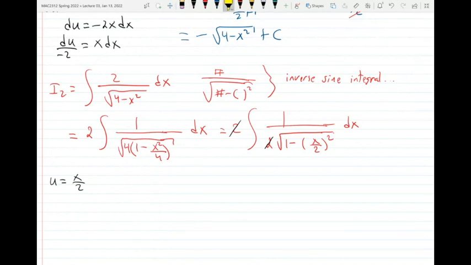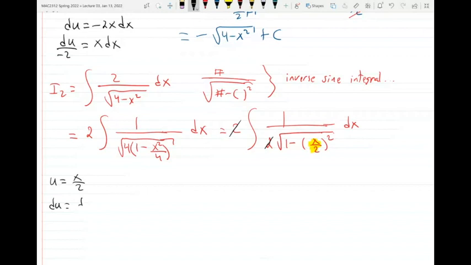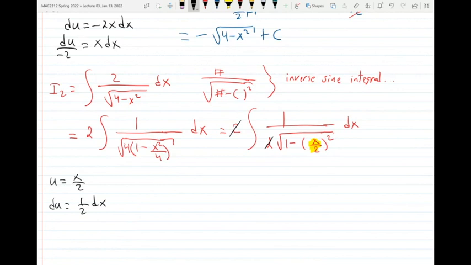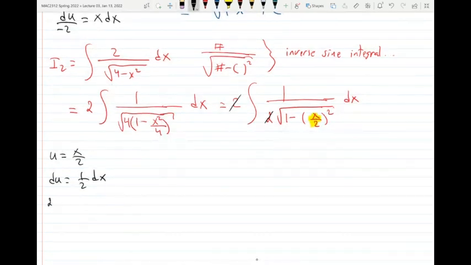So u is equal to x over 2, this guy right here. So du becomes 1/2 dx. But since I only have dx here, I'm going to move this 2 over here, multiply, which is the one that I was mentioning that you would need to do to compensate because of the chain rule. And now let's substitute. So remember, the 2's cancel out, okay?